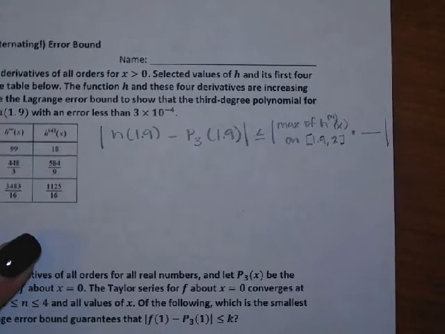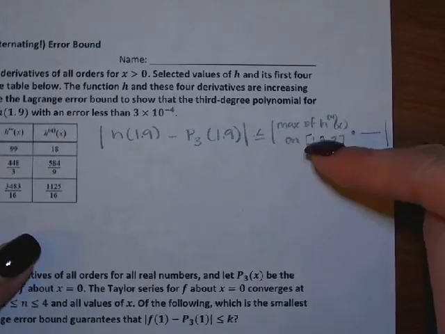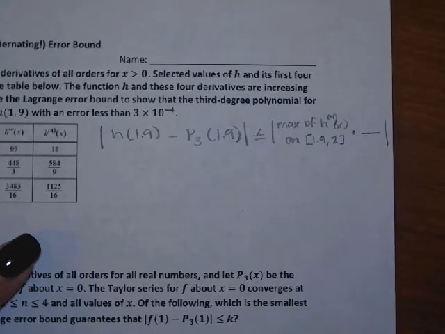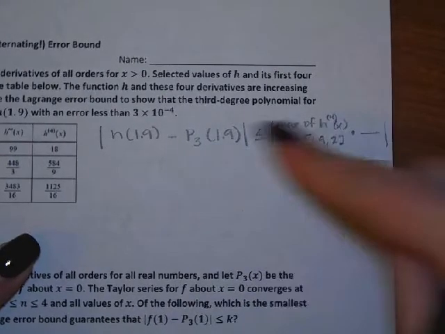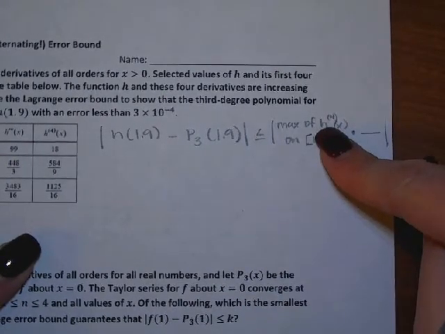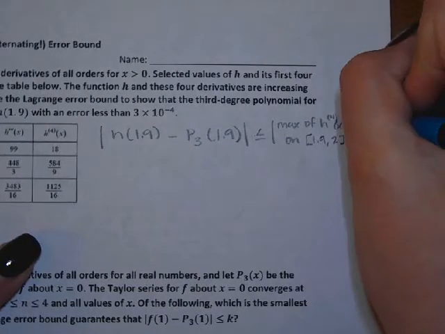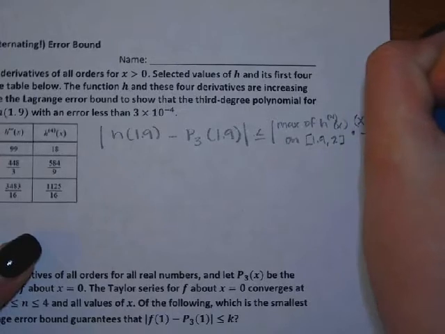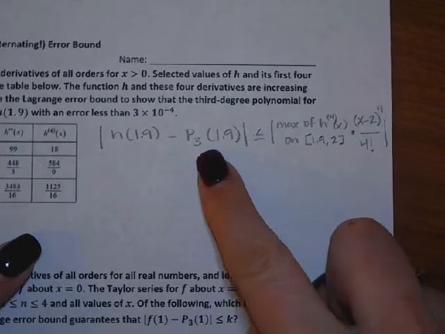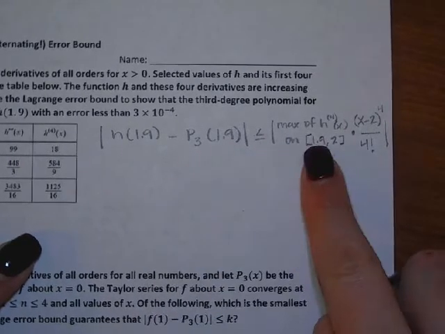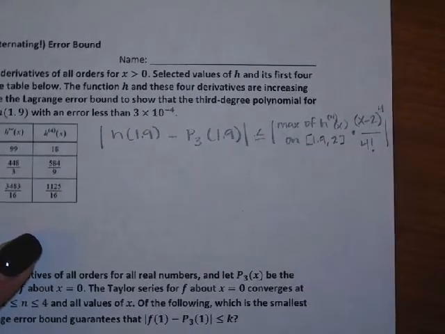How do we make the term? Not x to the 5 over 5 factorial. It's the fourth derivative. This is the third degree, so we're using the fourth derivative. It's not centered at 0, it's centered at 2. So x minus 2 to the 4th over 4 factorial. Yep, because it was a third degree. And so we're using the fourth derivative, fourth exponent, fourth factorial. Okay.